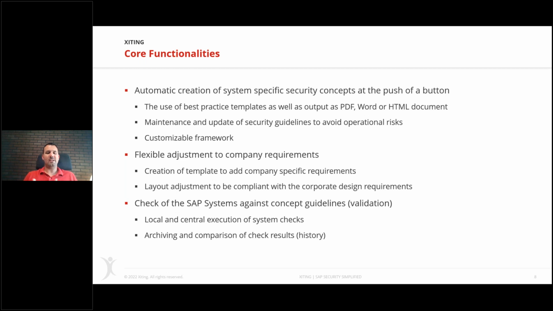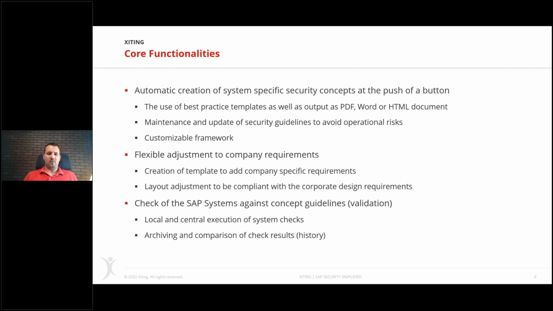So if we define in the concept that the minimum password length must be 8 characters, I can then go ahead and check my entire system landscape to see if every system that I have in scope follows that parameter. So the minimum password length must be 8 or greater, and I can validate the entire landscape.